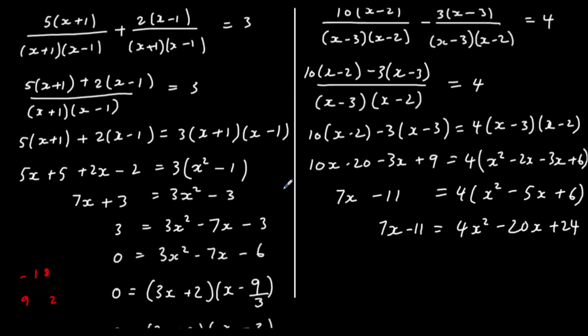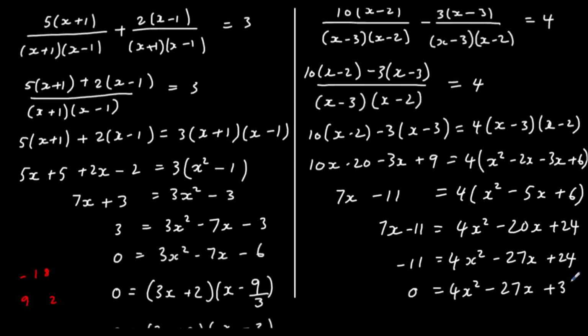So let's make it equal to 0. So take 7x away from both sides. Negative 11 is 4x squared minus 27x plus 24. And plus 11 to both sides. So 0 is 4x squared minus 27x plus 35.